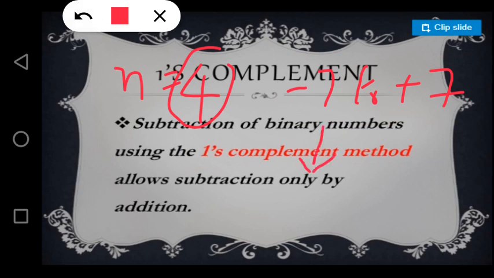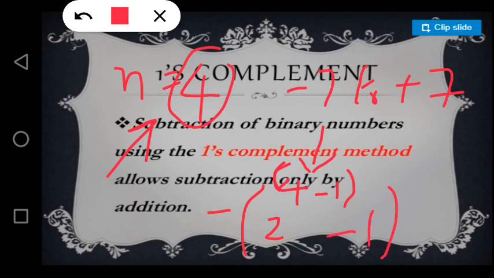Minus 7: I should take the input as 4. 2 power 4 minus 1. 4 minus 1 is 3. 2 power 3 is 8. But I should get 7, so subtract 1 over here. Negative sign: minus of 2 power 4 minus 1 minus 1, to plus 2 power 4 minus 1 minus 1.